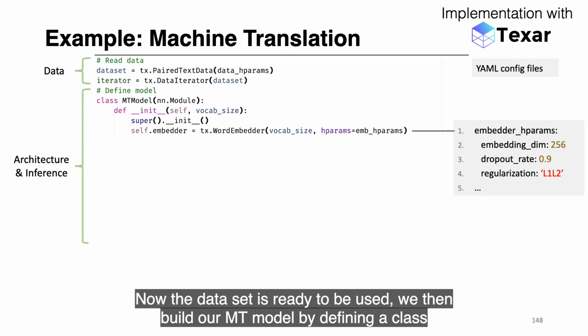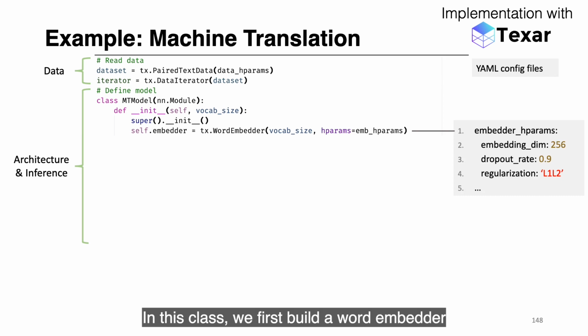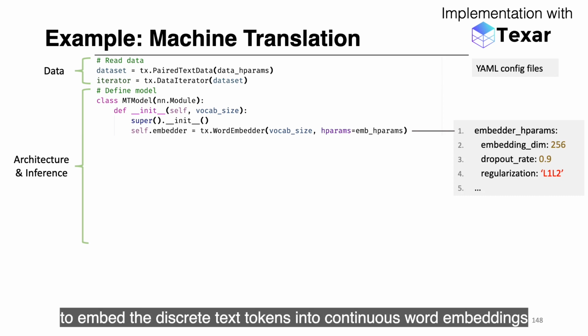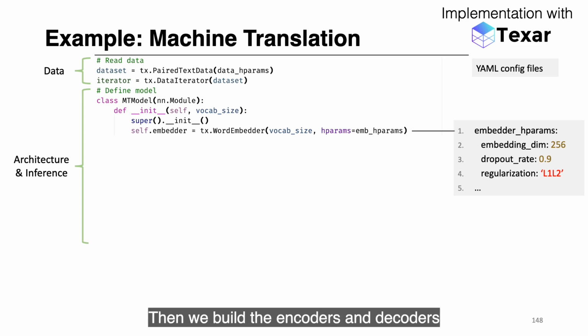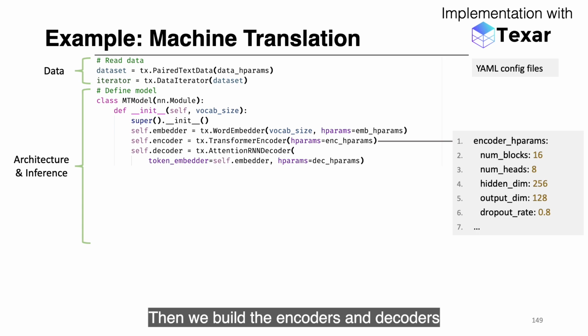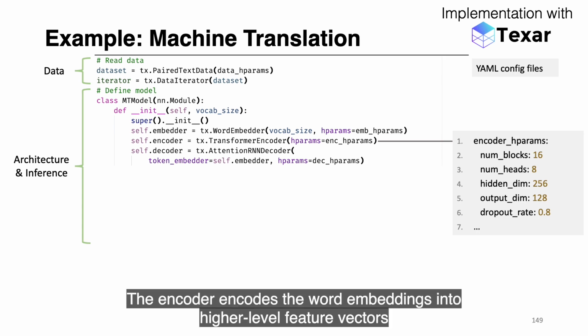We then build our MT model by defining a class. In this class, we first build a word embedder to embed the discrete text tokens into continuous word embeddings. Again, the user can provide a configuration dictionary to specify the hyperparameters. And then we build the encoders and decoders. The encoder encodes the word embeddings into higher level feature vectors.